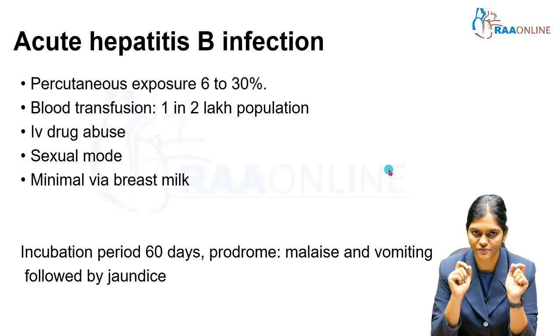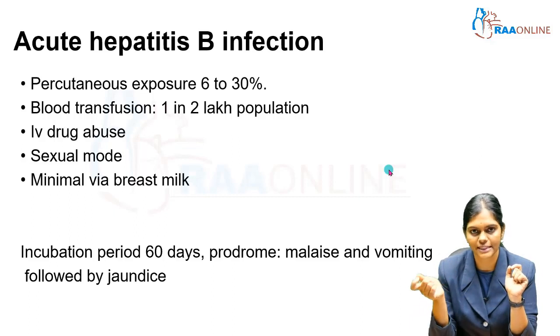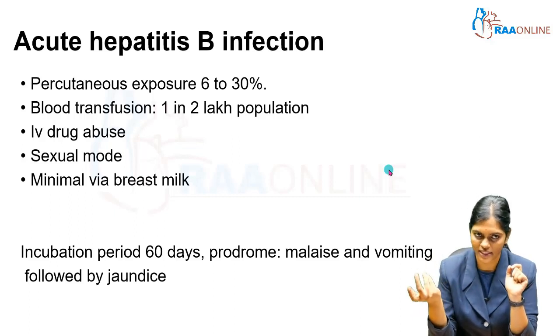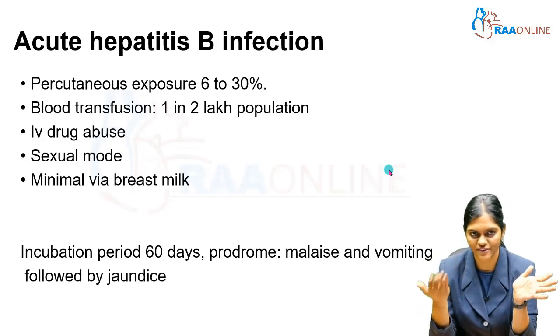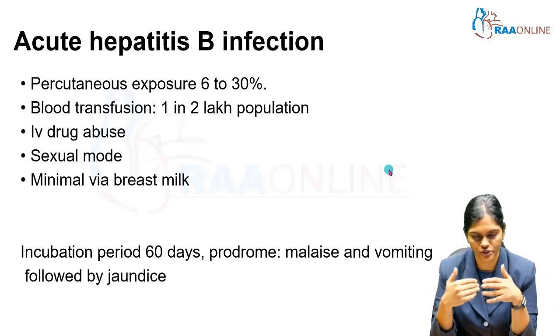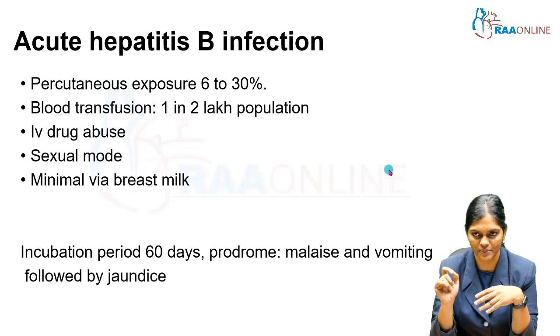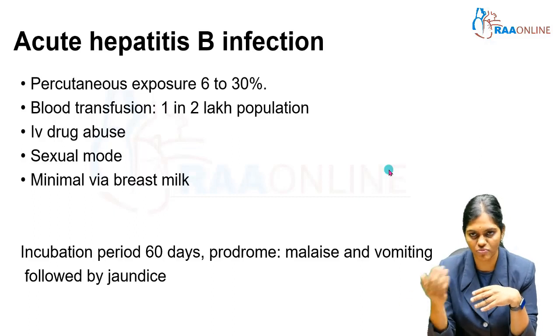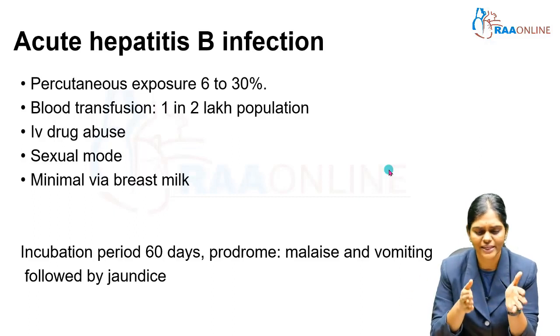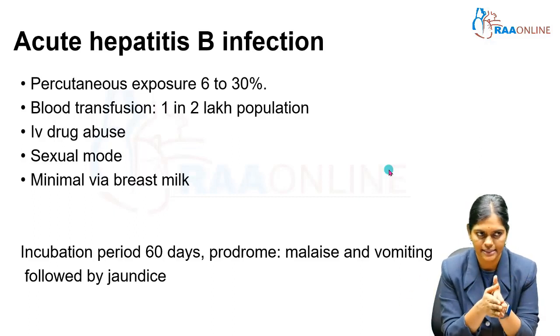So in blood transfusions, especially after the screening, only 1 in 2 lakh population get it. We also get it through the IV drug abuse route, sexual mode and very minimally via breast milk. So that is why even if the mother is HBsAg positive, we advise the patient to give breast milk to the child. So the incubation period is 60 days. So around 2 months is the incubation period.